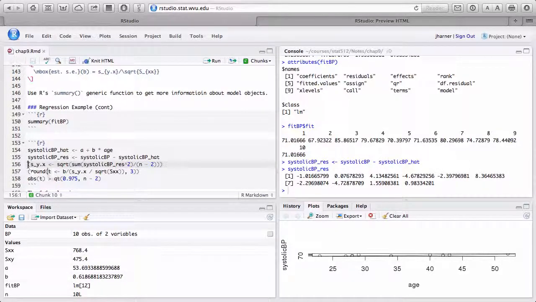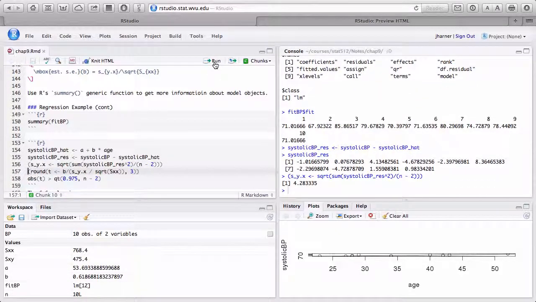And let's compute S, let's compute S sub y dot x. So I'm going to compute it by hand. What I'm going to do is take the residuals and square them and add them up and divide by n minus 2. You see the formula? I'm actually going to compute the square root of that because I'm going to get s sub y dot x. So let's compute this. This shows you how to compute it. Okay? Now, it's 4.2833.